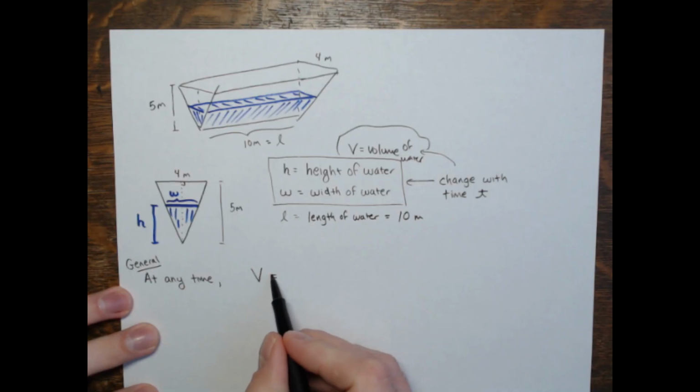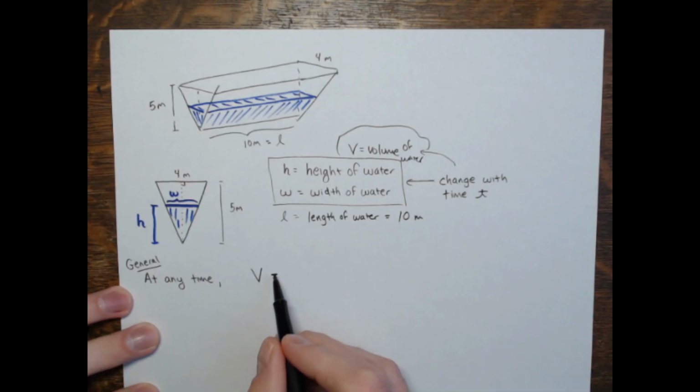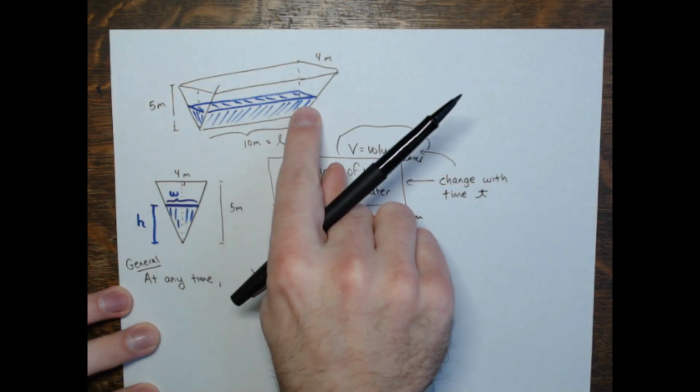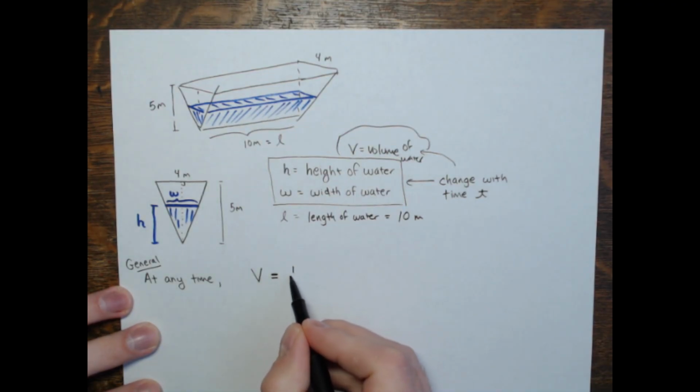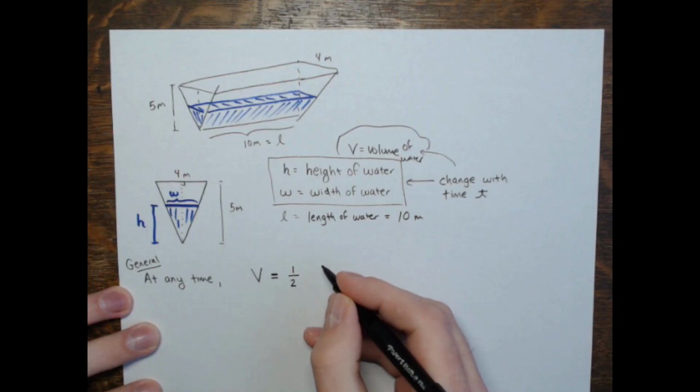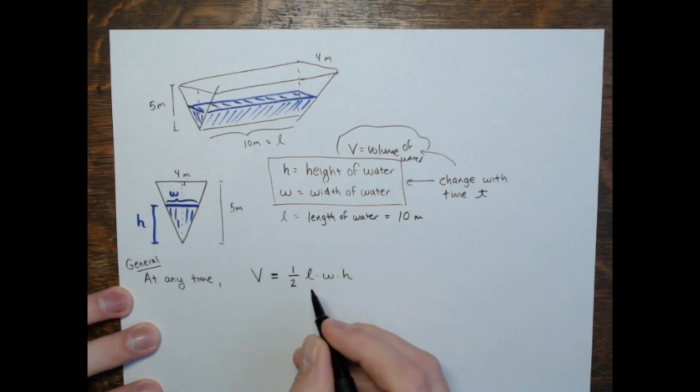So they gave this to us: at any moment, the volume of the water prism here, the water in the trough, is half times length times width times height.